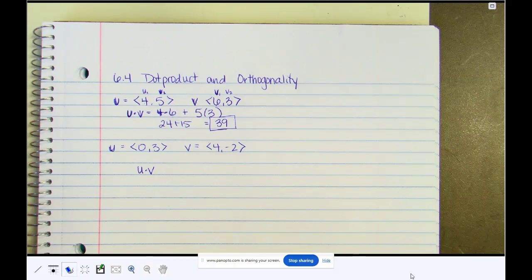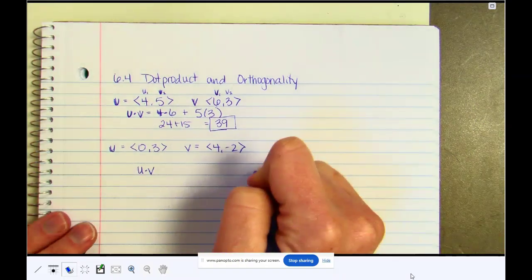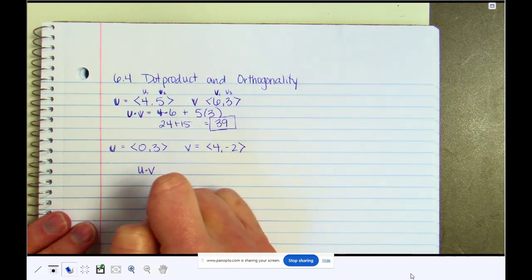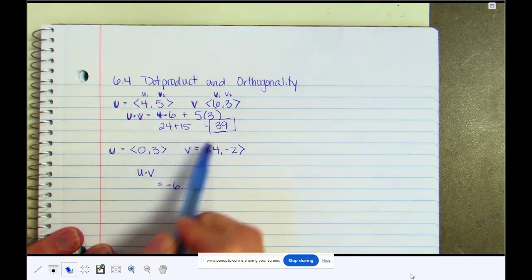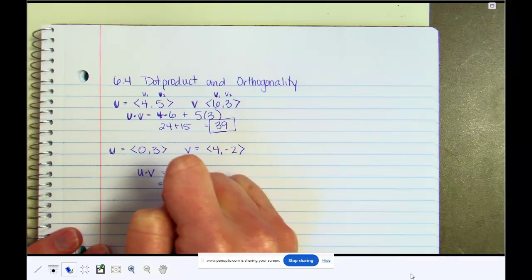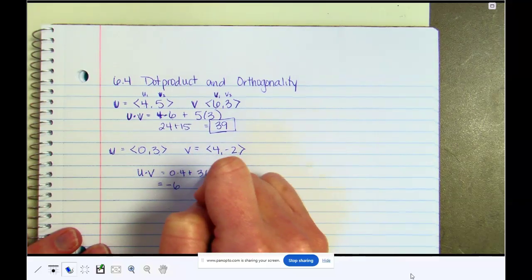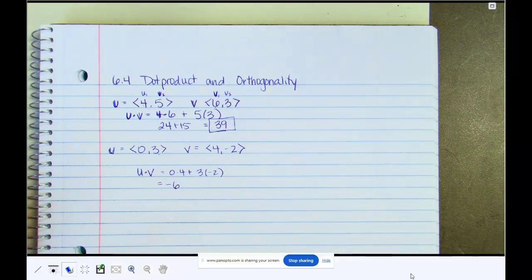Okay, what do we got? Guesses? Yeah, negative 6. Okay, 0 times 4 plus 3 times negative 2. Well, that's 0 plus negative 6, which is negative 6.